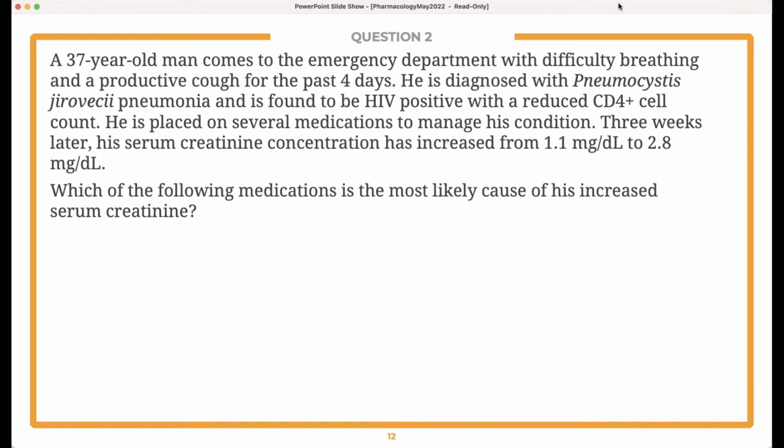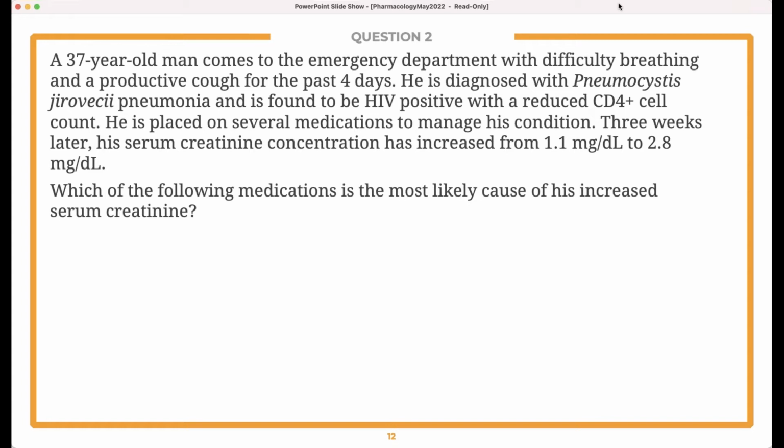A 37-year-old man comes to the emergency department with difficulty breathing and a productive cough for the past 4 days. He is diagnosed with pneumocystis jirovecii pneumonia and is found to be HIV positive with a reduced CD4 cell count. He is placed on several medications to manage his condition. 3 weeks later, his serum creatinine concentration has increased from 1.1 to 2.8.